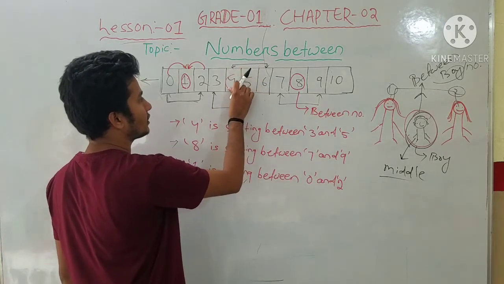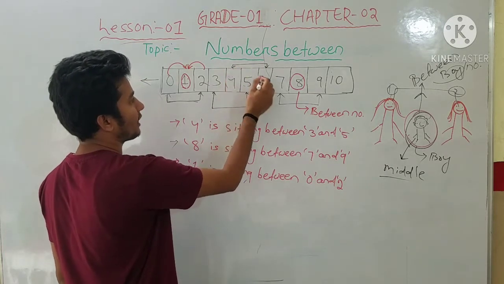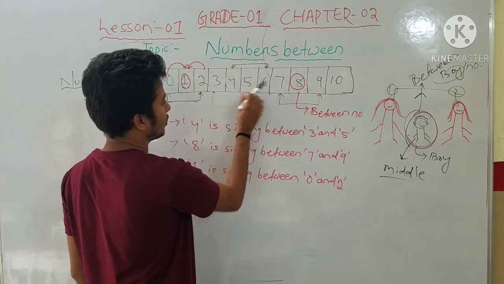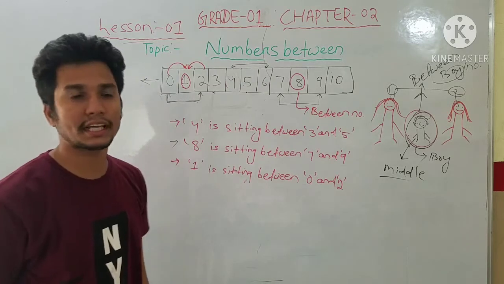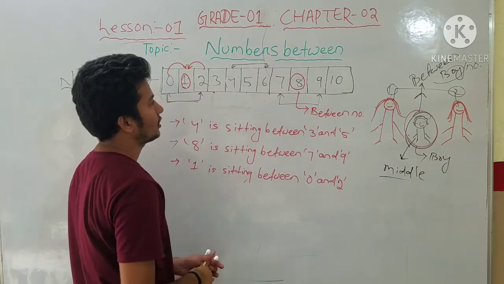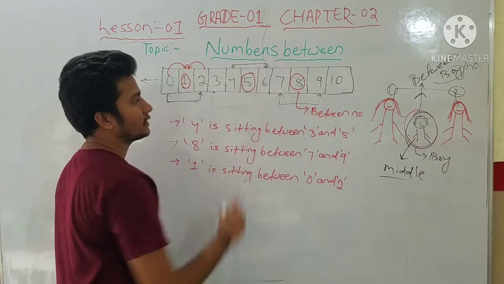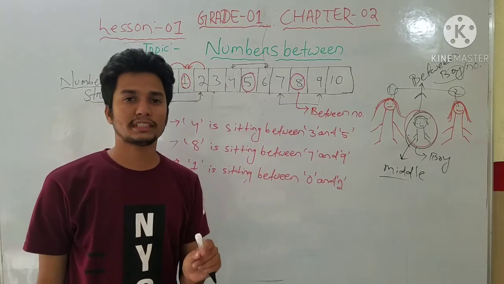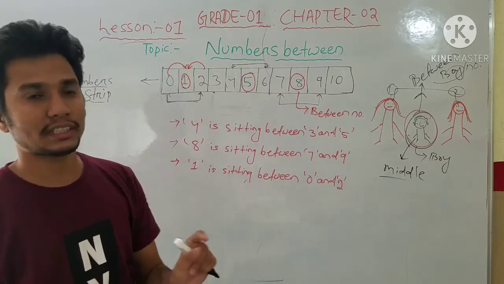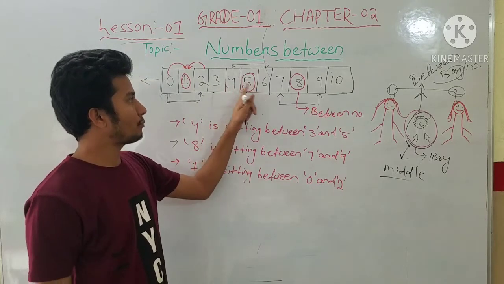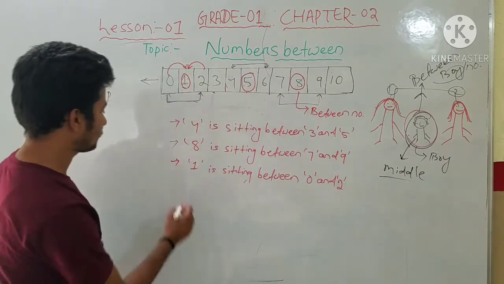Don't think about anything else, now you think about 4 and 6. Which number is sitting in between 4 and 6? Very good. That is 5. 5 is sitting in between 4 and 6. So 5 we can say is the middle number, or we can say the between number.